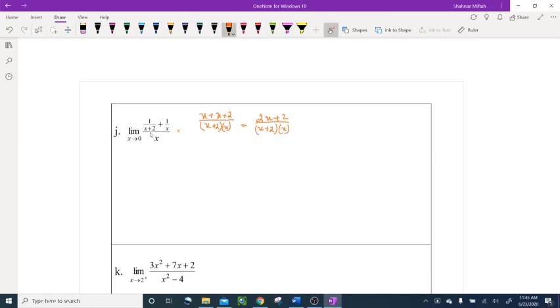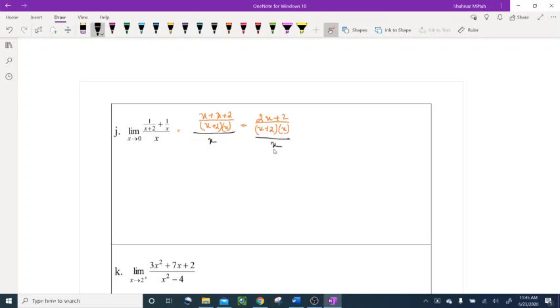Like this. And then we still have that big fraction, and I'm going to make it in different colors so we don't get confused. The bottom is x, it's going to stay x. Now what else can I do up here? 2x plus 2, x plus 2 times x.